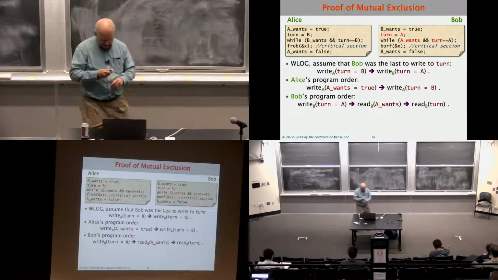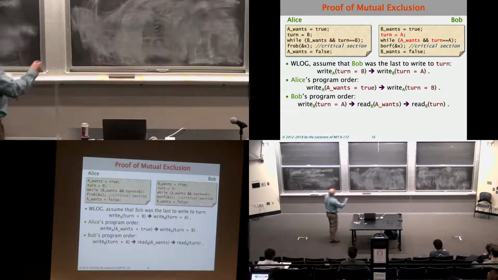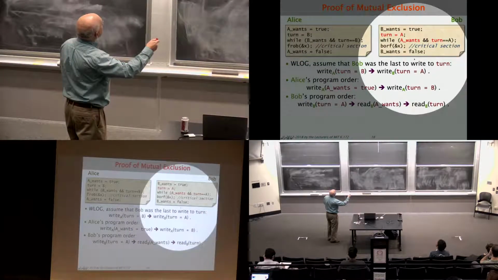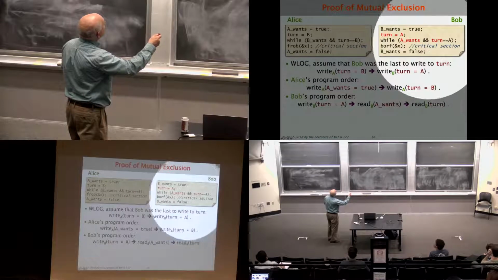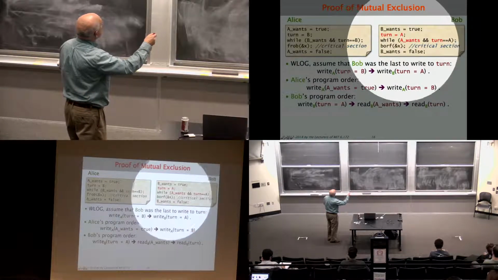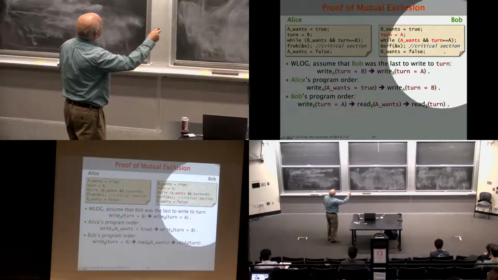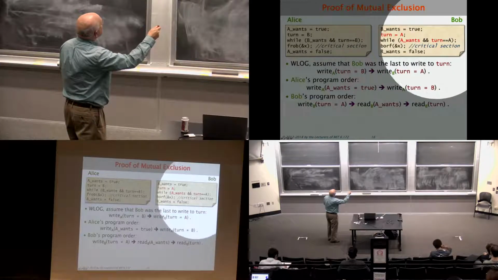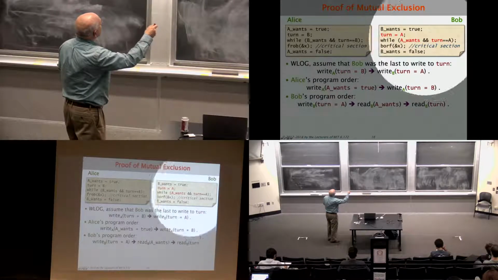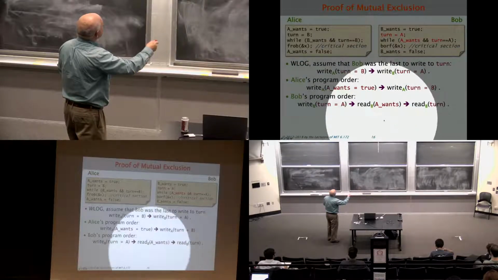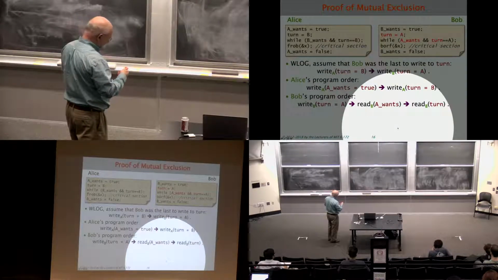So the second instruction here is a conditional, so we check it, and if that's true, then we do this. So this turn equals A, that's reading turn and checking if it's A, happens after A wants. So that's why I get these three things in order. Does that make sense?